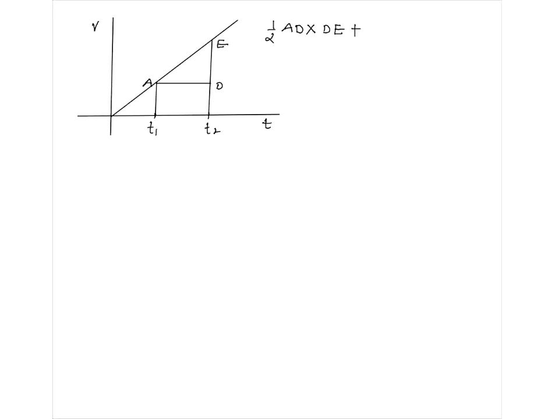Area of rectangle is base AD into height. I need height also, so I would need one more alphabet. One would have been enough, but I'm using BC so that I can call it ABCD rectangle. So AD multiplied by, let's say, CD. That's it.